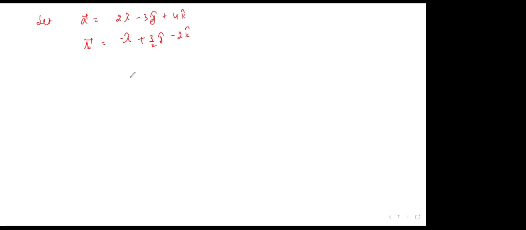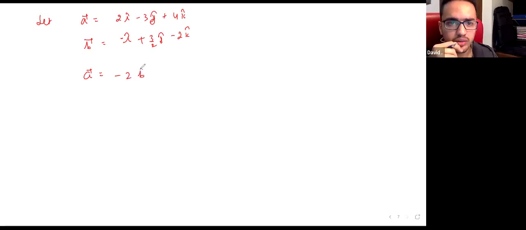So see, A can be written as minus 2 times B vector.